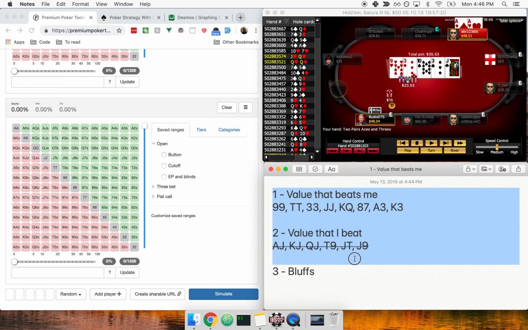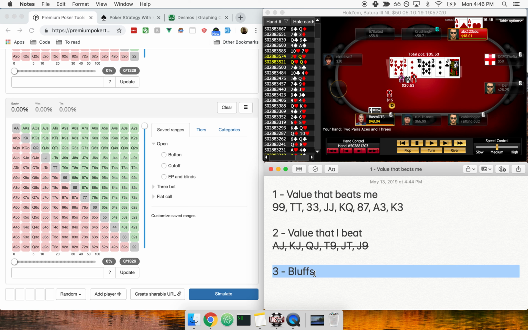So that's why I like thinking about things in terms of these buckets, where you break it down into bucket 1, bucket 2, and bucket 3. Because when they don't have anything in the second bucket, your hand turns into a bluff catcher. Realizing that your hand is a bluff catcher, and thinking about it as a bluff catcher, will help you make good decisions.